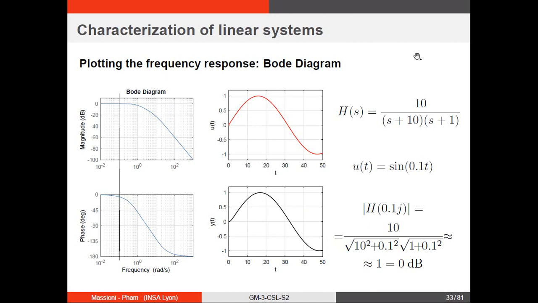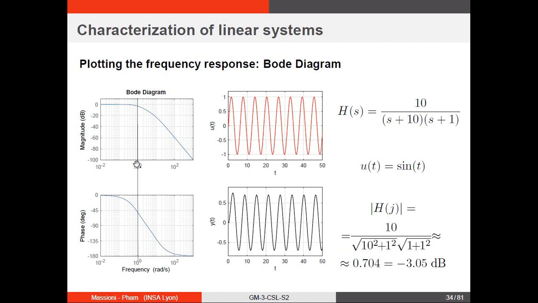Now let's take another slice. So for 10 to the power 0, so omega equal 1. Again, what is the gain? Well, we have a little bit less. Actually, maybe we have minus 3 dB, which corresponds to approximately 0.7. How do we compute this? You take minus 3.05 divided by 20, then 10 to the power of this gives you 0.7 approximately.